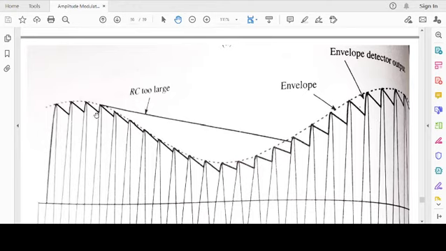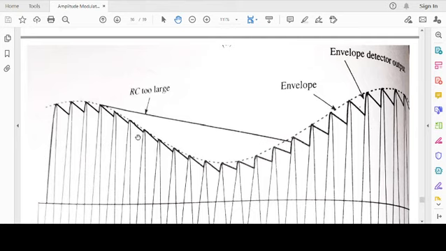However, if RC is too large, you see this delay, this decay is not that fast. It falls like this, and it cannot track this portion of the envelope. This is the envelope present.